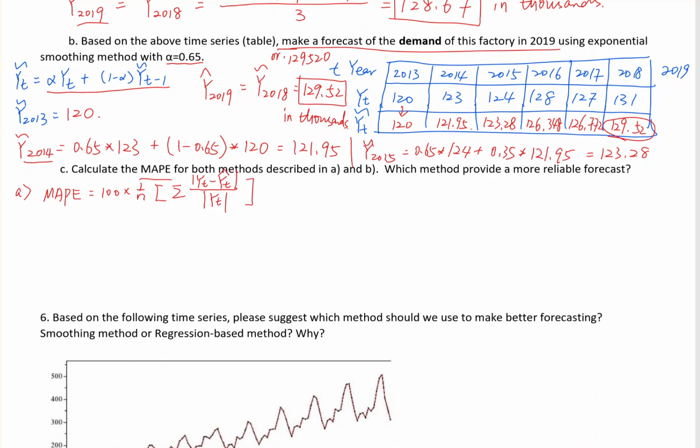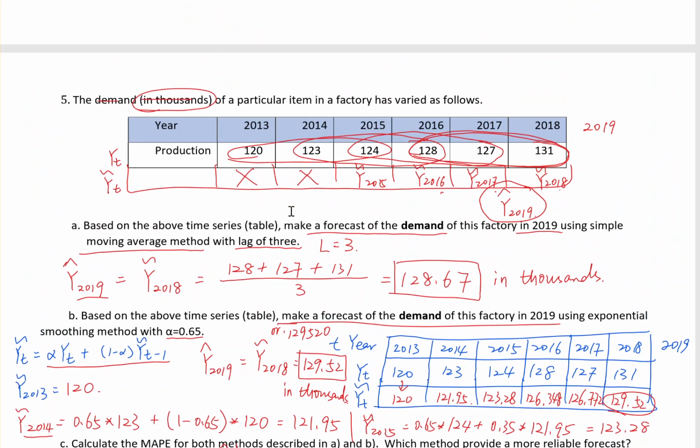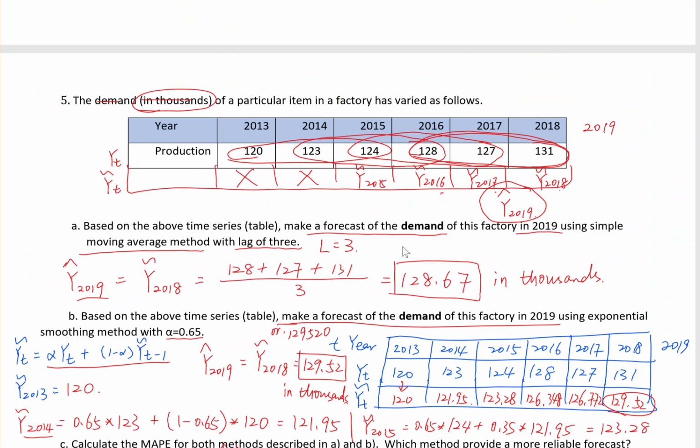So actually what we need to do is to find the pair of yt and yt hat. Be careful, it is yt with the predicted value, not the estimated value. So we need to find this pair. So for A, we say this one.